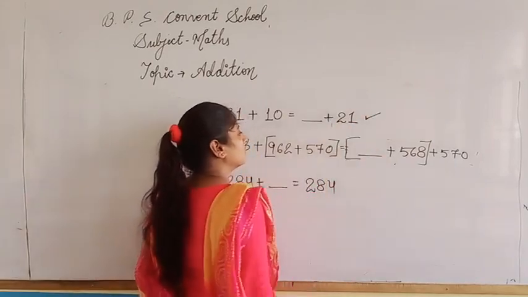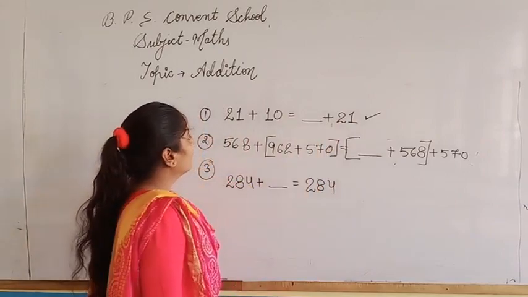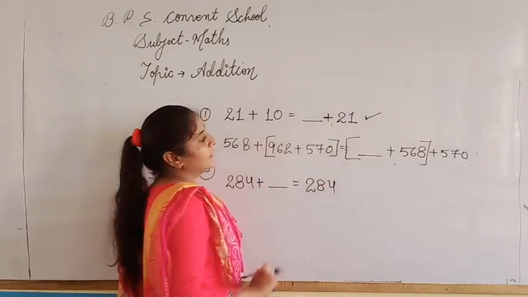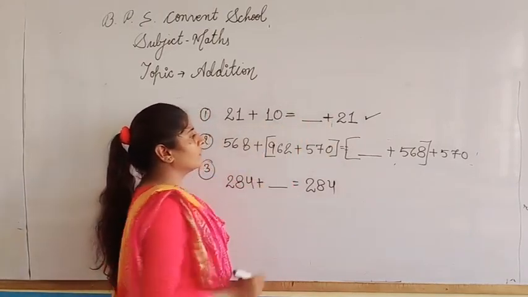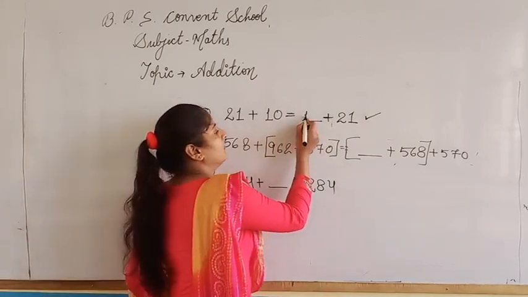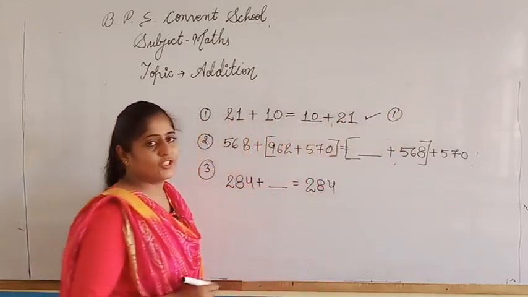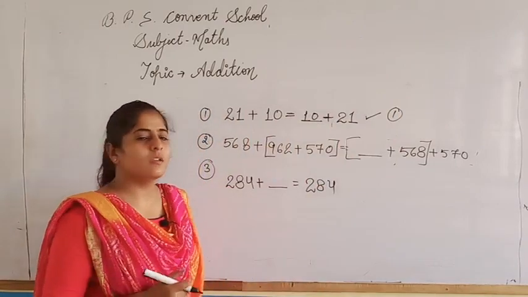In this, 21 plus 10 is equal to blank plus 21. When will these two sides be equal? When I write 10 here. It's the first property of addition. Changing the order of addends does not change the sum.